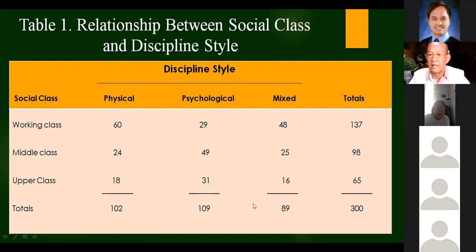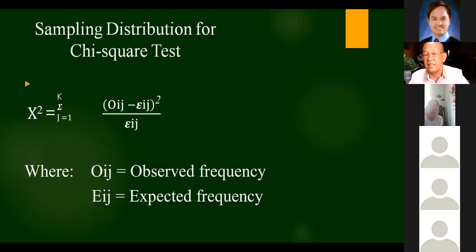Okay, so now when you have this kind of table, we call this a contingency table, you can now begin applying the chi-square test. The chi-square test sampling distribution, or the formula, is given by this. This is the symbol of chi-square, x square.